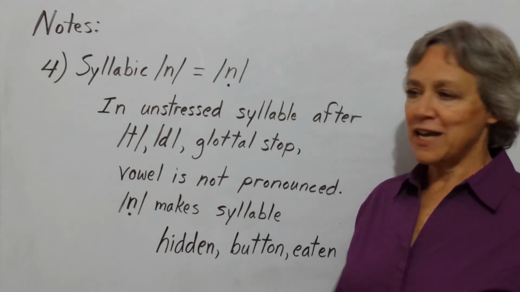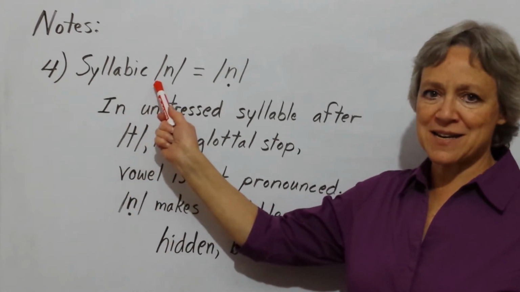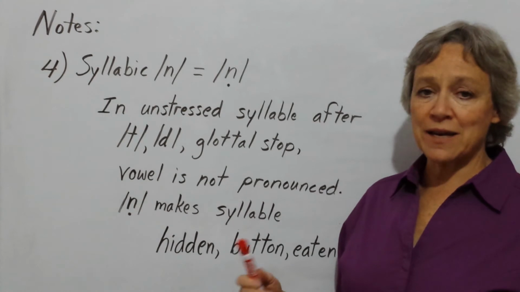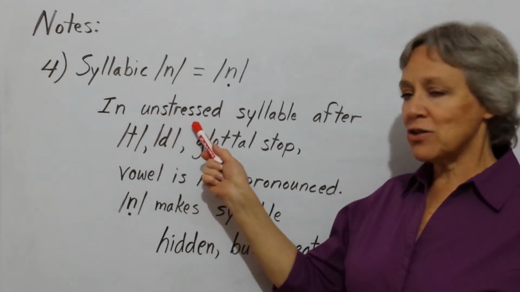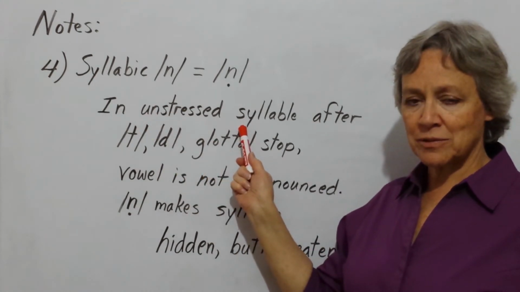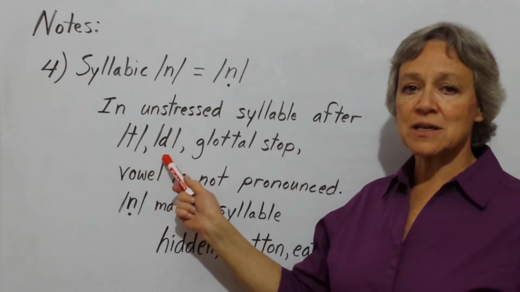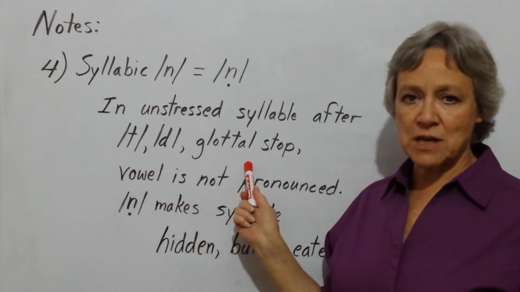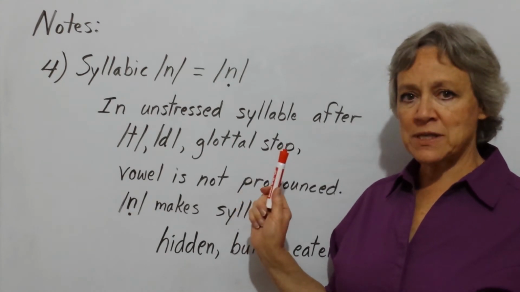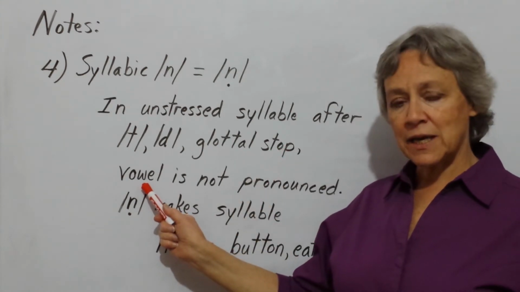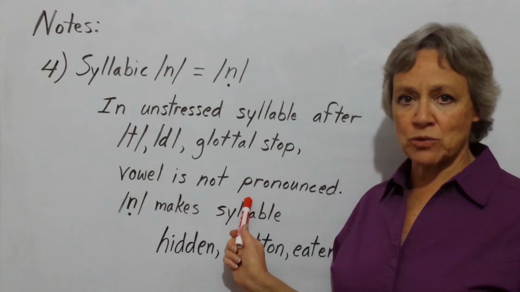My last note is about syllabic N. This is a sound we get in some words in an unstressed syllable, often after the sounds t, d, or a glottal stop. What happens is the vowel in that syllable is not pronounced.